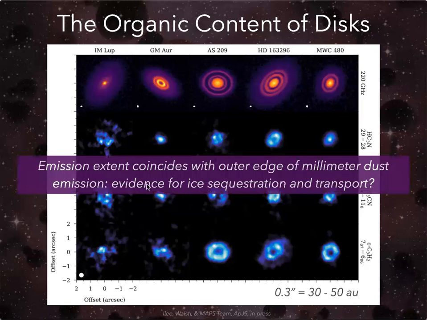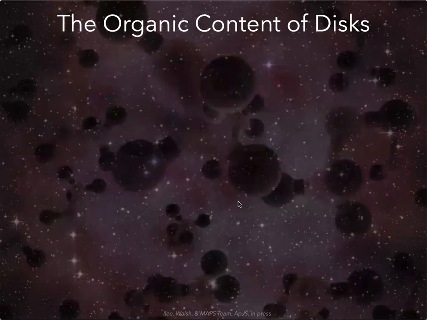So we think we're seeing some evidence either directly or indirectly for the larger grains that are hosting the ices actually being concentrated towards the mid-plane and pulled inwards towards the planet forming region. So that's what I mean by these kinds of mass transport processes.